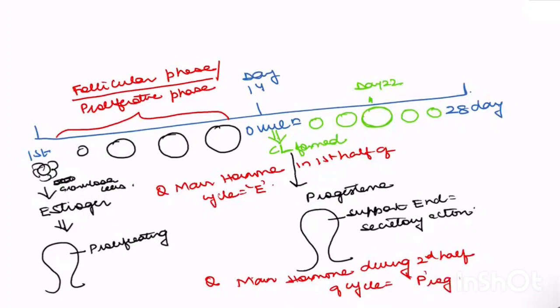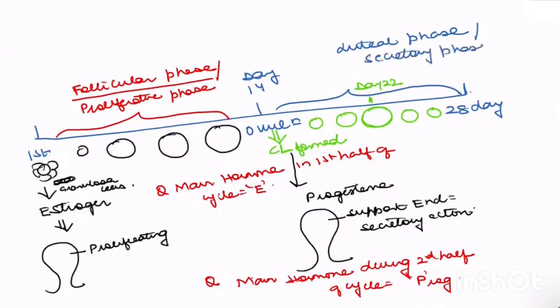And because in second half, whatever is happening to the corpus luteum, second half is called as luteal phase. And because second half में मेन हार्मोन प्रोजेस्ट्रॉन है जो कि एंडोमेट्रियम में सिक्रीटरी एक्शन कॉज कर रहा है, so second half is also called as secretory phase.